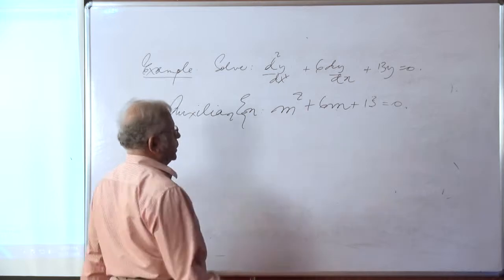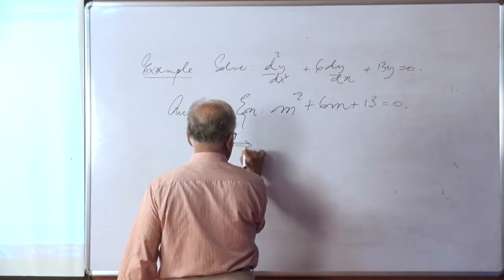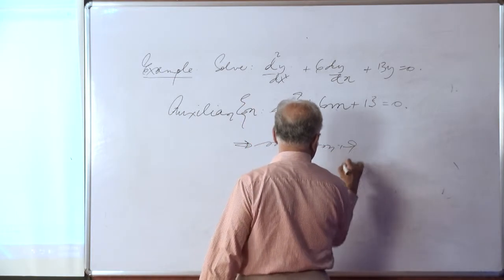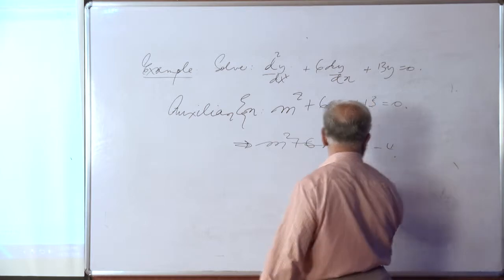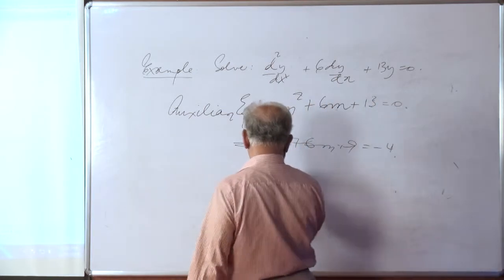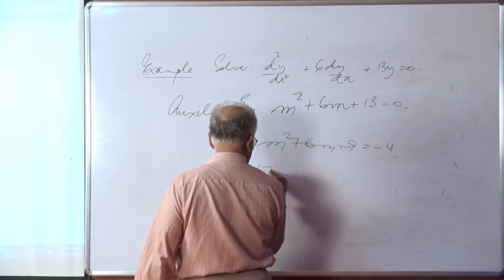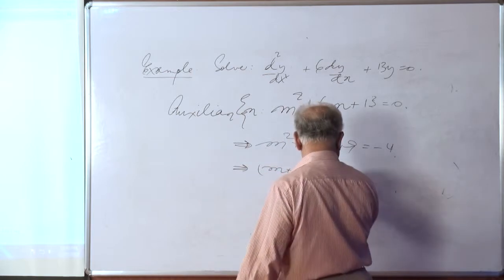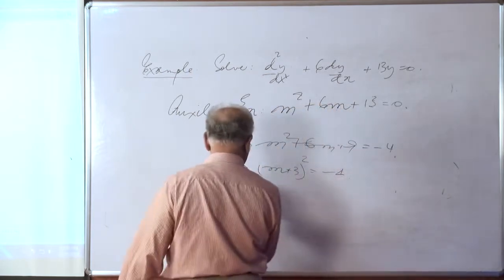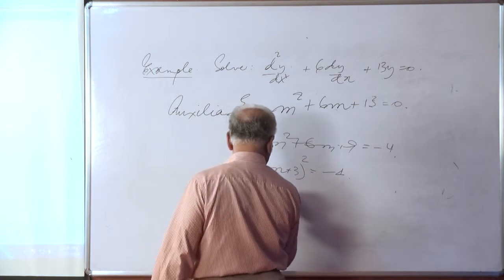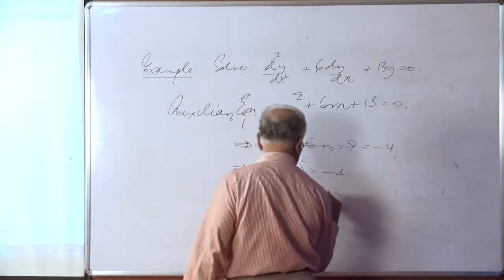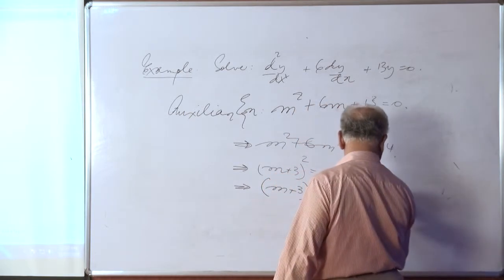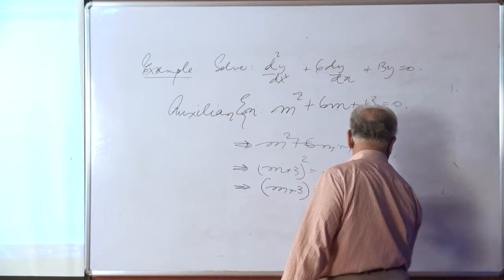We can solve this equation by saying that this of course implies that m square plus 6m plus 9 is equal to minus 4. In other words, m plus 3 whole square is equal to minus 4, and that implies that m plus 3 is square root of minus 4, and that is plus or minus 2i.